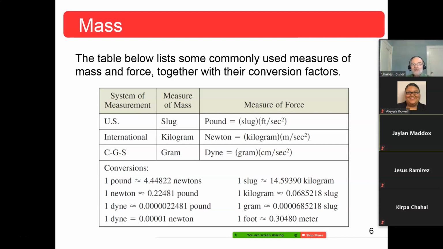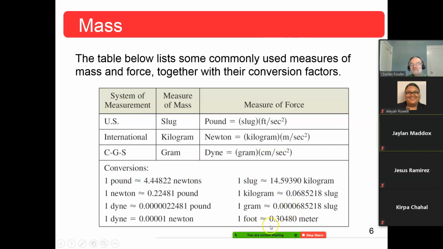Between gram and kilogram, only 3 decimal places, so 1, 2, 3, and there you have your 0.06 and your 0.06 here too.